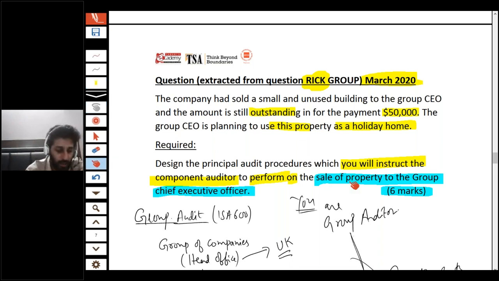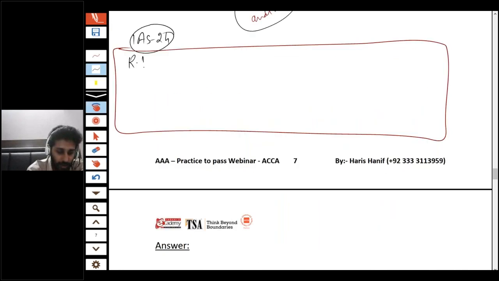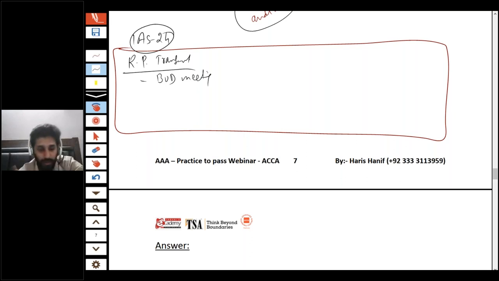Now, whenever there is a related party transaction, IAS 24, whenever there is an RP transaction, obviously there is a board meeting. The property is being sold.